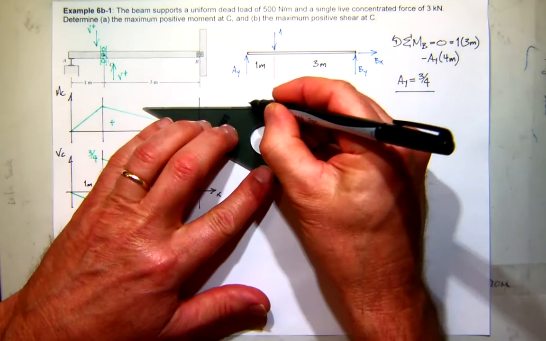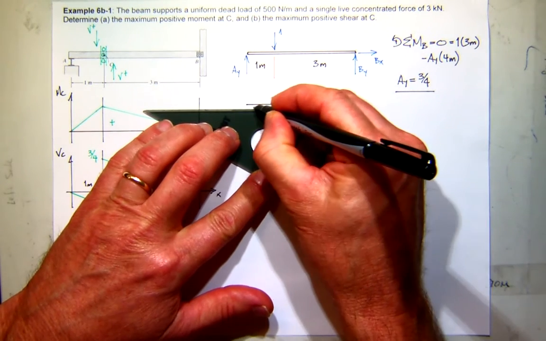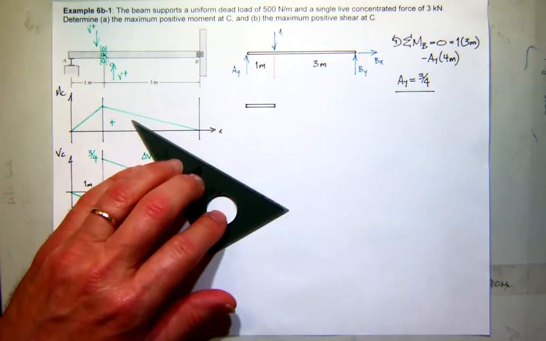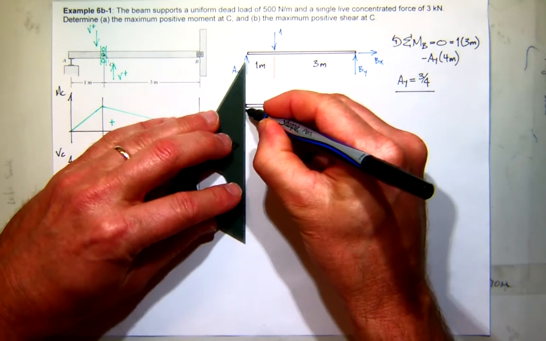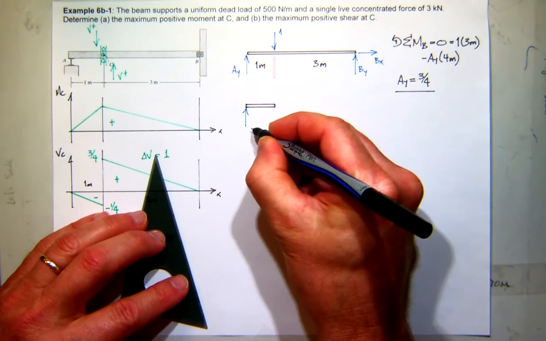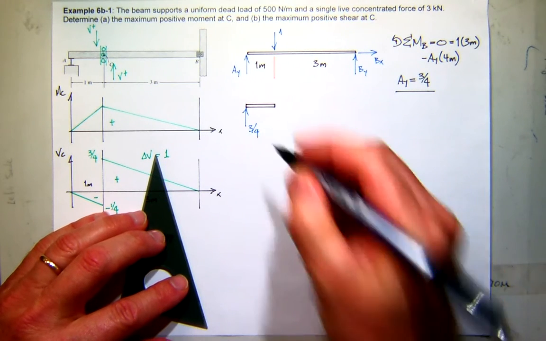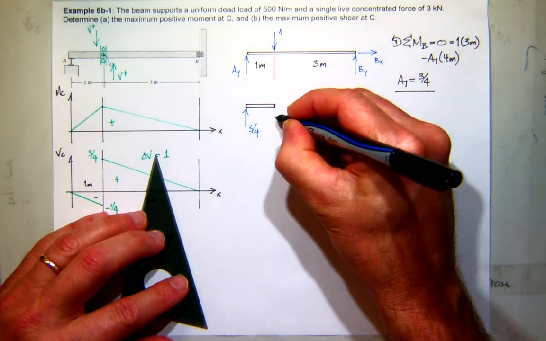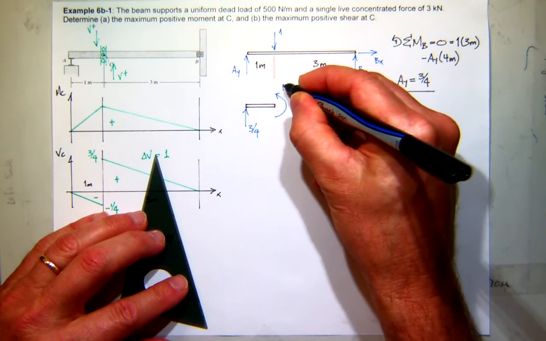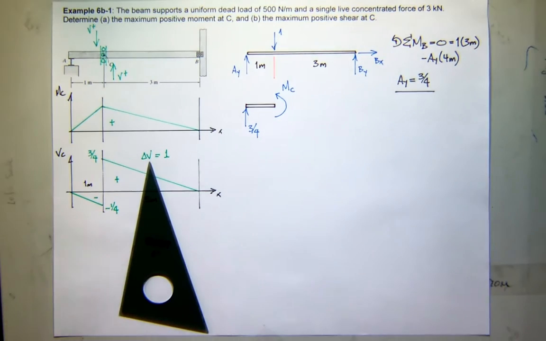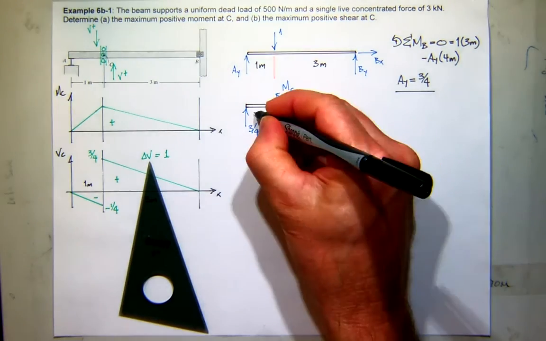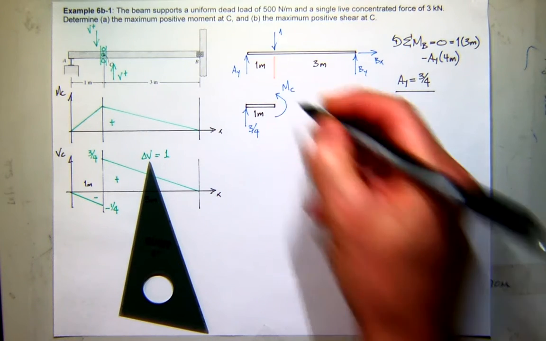So then when I come and cut my structure at C, and I know my reaction AY is 3/4, I'm looking for the internal moment at C, and I know this length of the segment is only 1 meter. What's the moment at C?